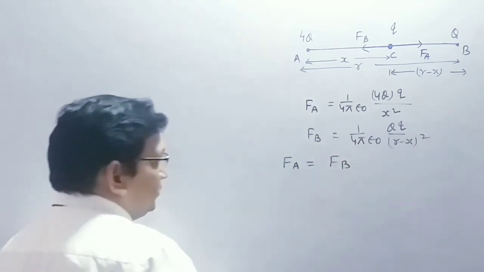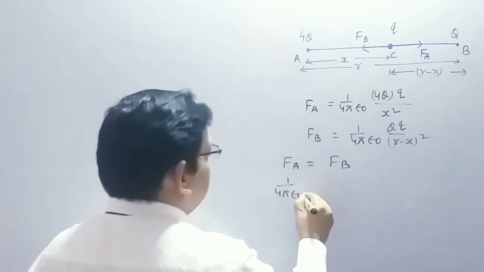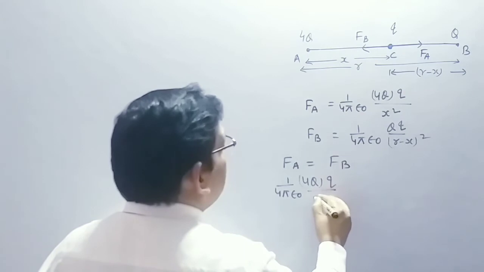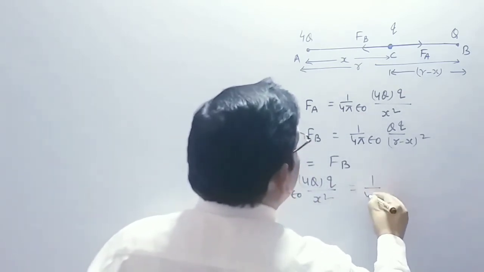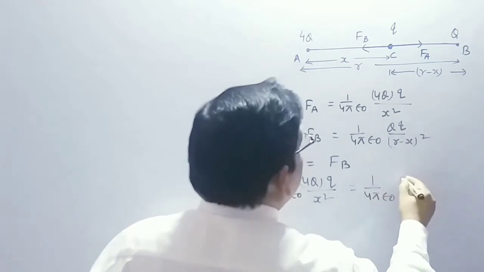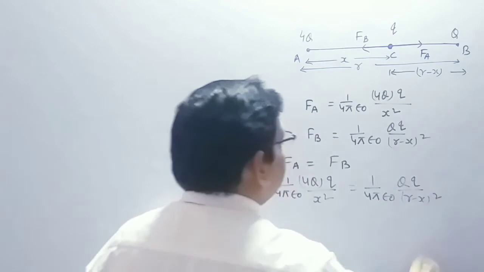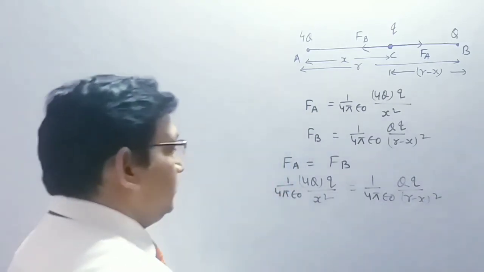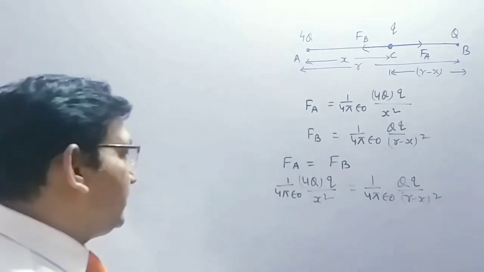Applying this condition, we have 1 by 4 pi epsilon, 4Q into q by x square. This side you write down 1 by 4 pi epsilon Q q by (r minus x) square. Try to solve it. So 1 by 4 pi epsilon both sides cancel out.